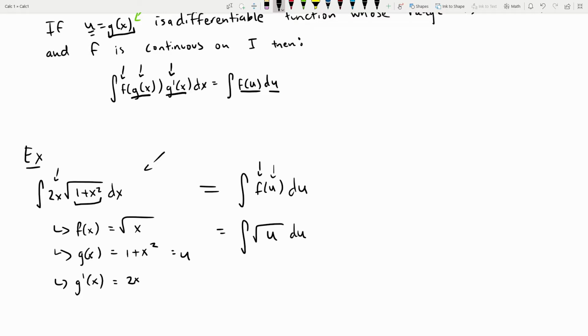So there it is. Now this is the integral that we have to solve, and we see how the integral has been broken down in a sense. Now we're left with just this single primary function, which is the square root of u, and it's pretty easy to integrate that. So I'm going to go ahead and do that right now.